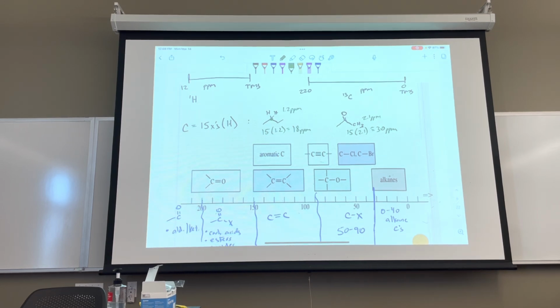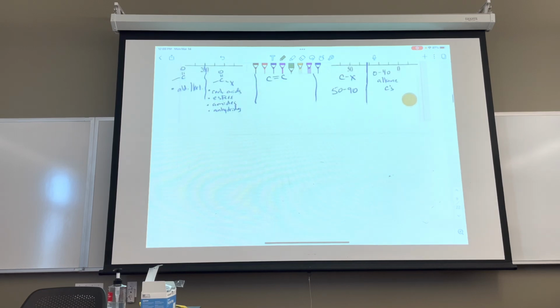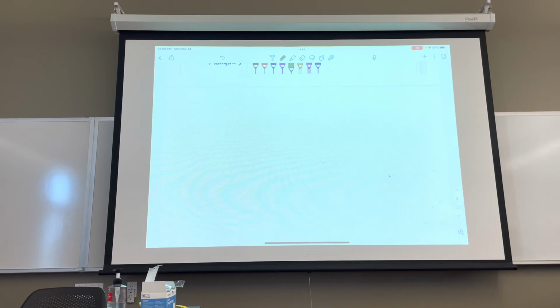All right. One of the other things that we saw when we were looking at proton NMR was this concept of splitting, or what we call multiplicity. So let me just put up a fairly simple molecule. Let's say we had this, and we were going to look at the proton NMR.